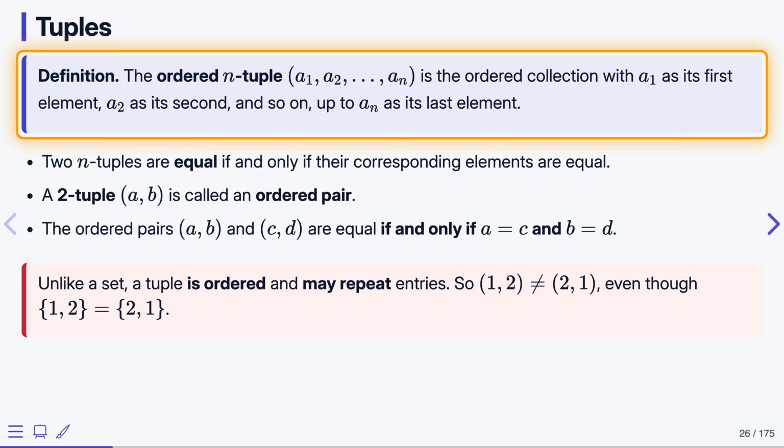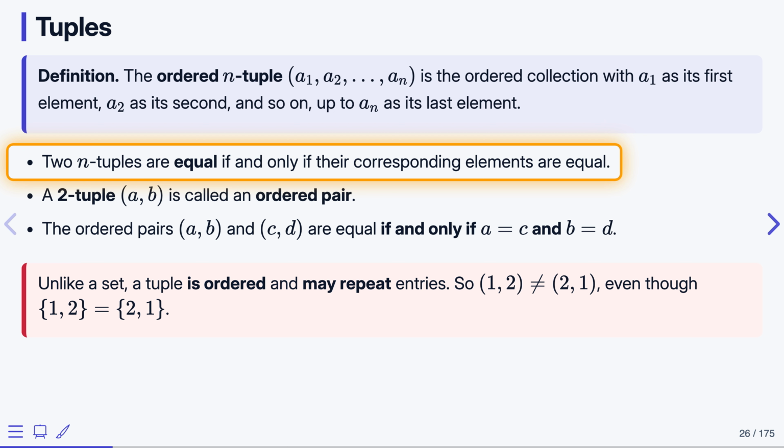So far our collections have been unordered, but sometimes order matters, and for that we use tuples. An ordered n-tuple is written as a list inside round brackets: a1, a2, up to an. Its first element is a1, its second is a2, and so on to the last element.